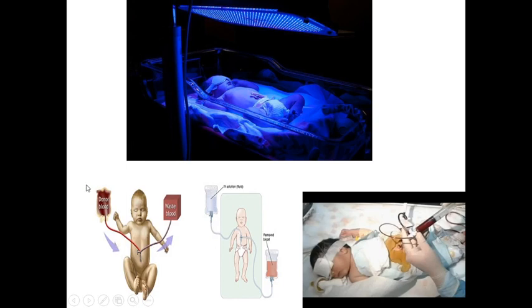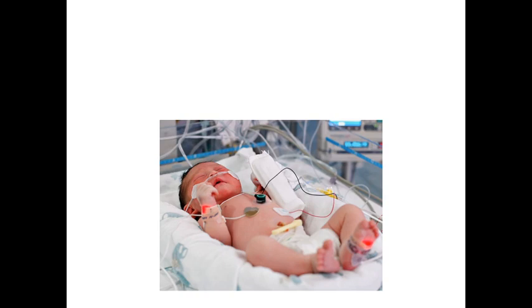We remove the excess bilirubin containing blood from the baby's body, and in exchange we transfuse the baby with ABO compatible Rh negative blood collected from a donor. So this process is called exchange transfusion, and it is the treatment of severe neonatal pathological jaundice.